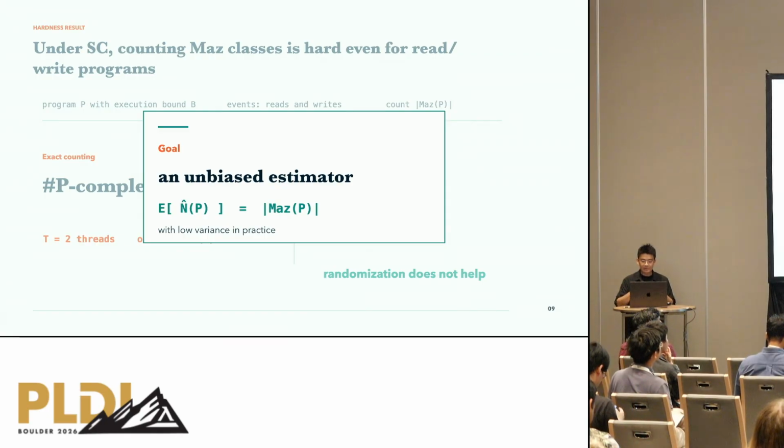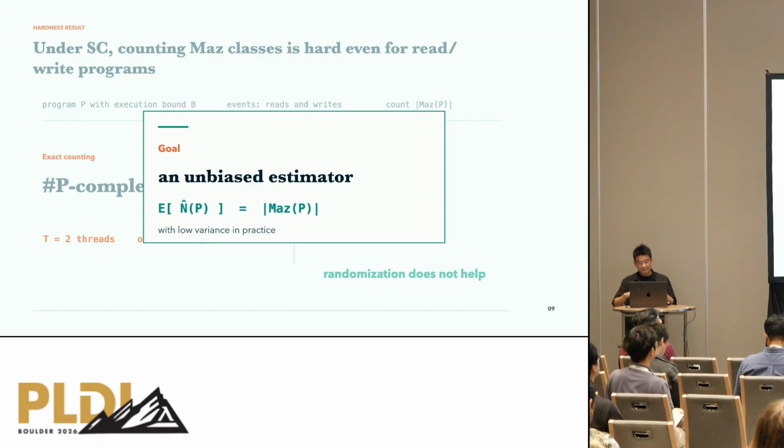Our approach to solve the problem is to design the first unbiased estimator to estimate the count. An unbiased estimator is a randomized algorithm which outputs a random variable whose expected value is the correct count.